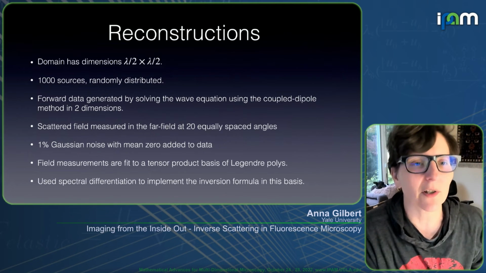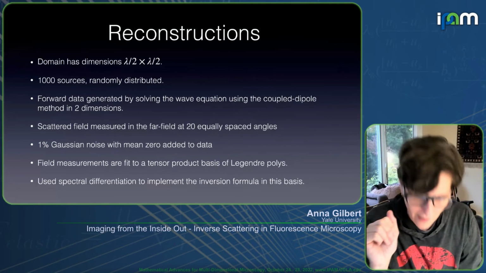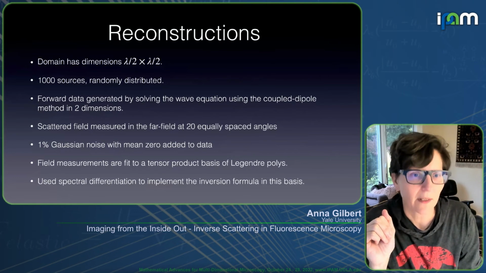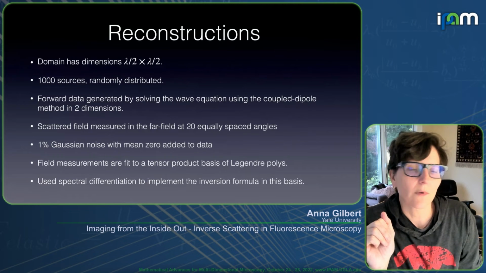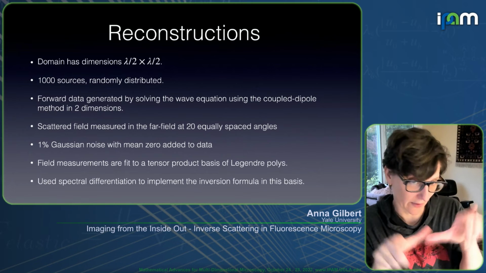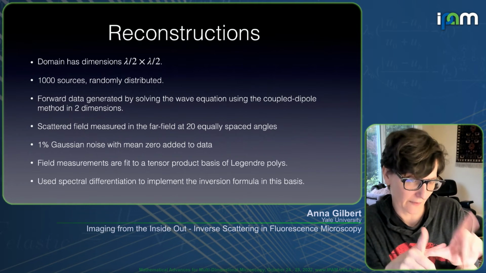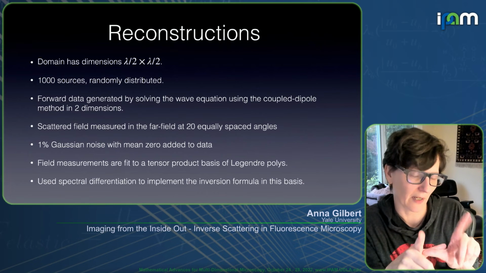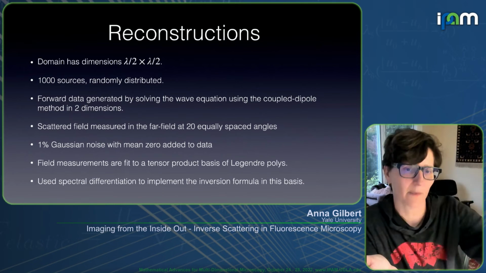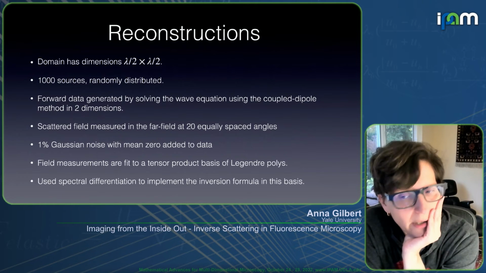I'm going to show you a couple of experiments where the domain is a 2D thing, with dimensions of half the wavelength of light. We're going to have 1,000 sources randomly distributed throughout our medium.